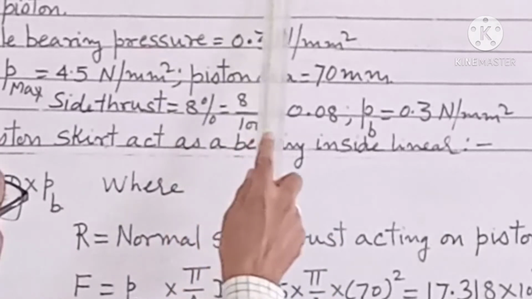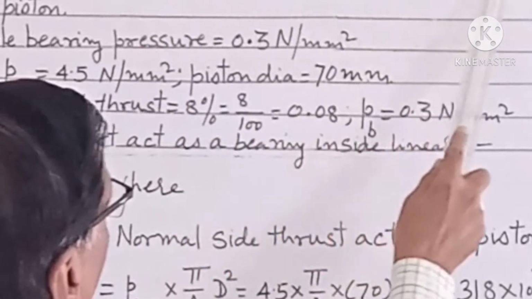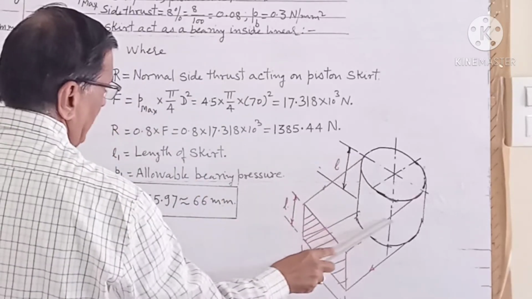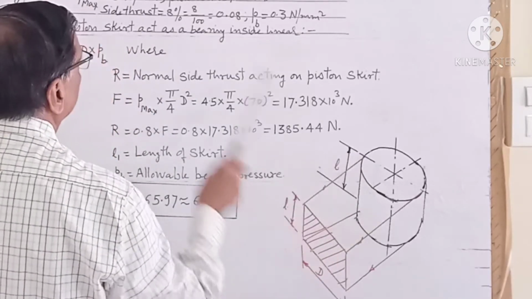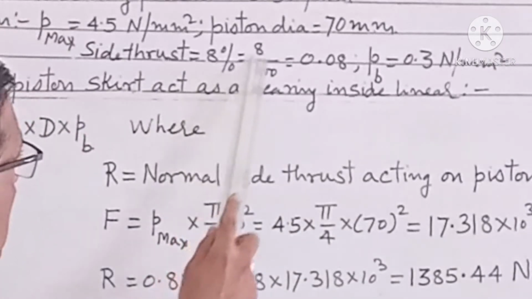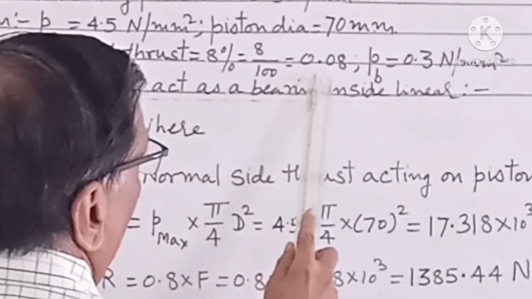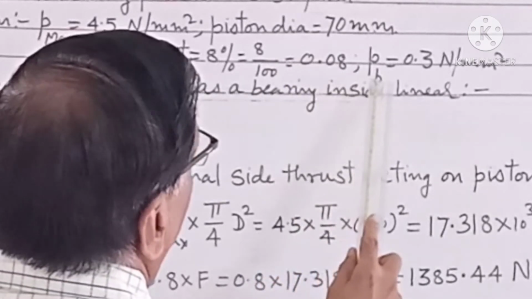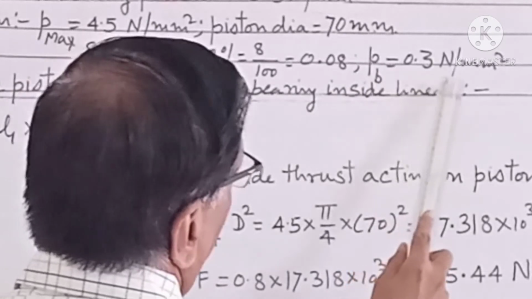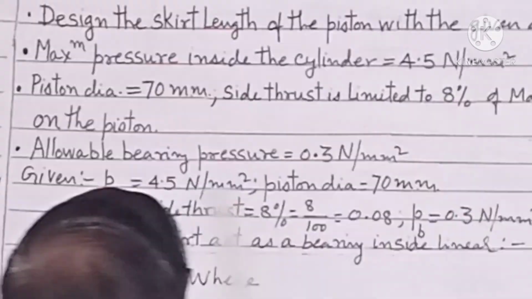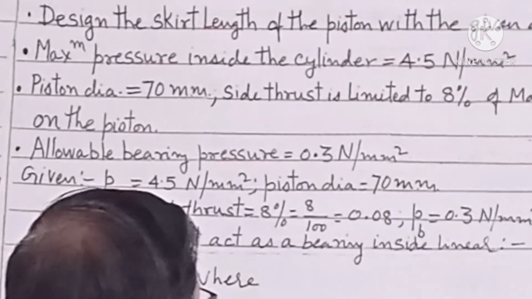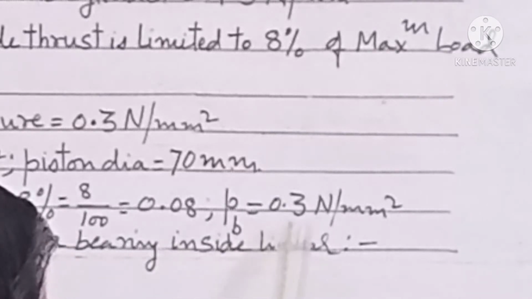Side thrust is limited to 8% of the maximum load on the piston. Side thrust 8% means 8 upon 100 equal to 0.08, and allowable bearing pressure is 0.3 Newton per millimeter square, means PB is equal to 0.3 Newton per millimeter square.